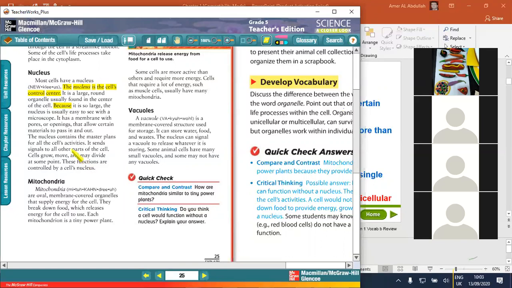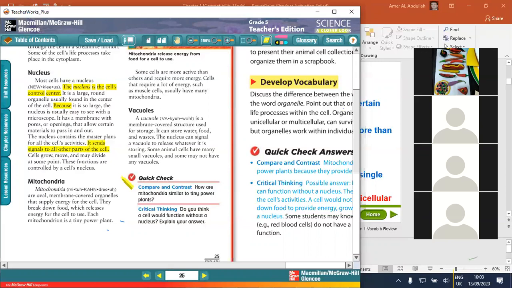It sends signals to all other parts of the cell. Cells grow, move, and may divide. These functions are controlled by a cell's nucleus.